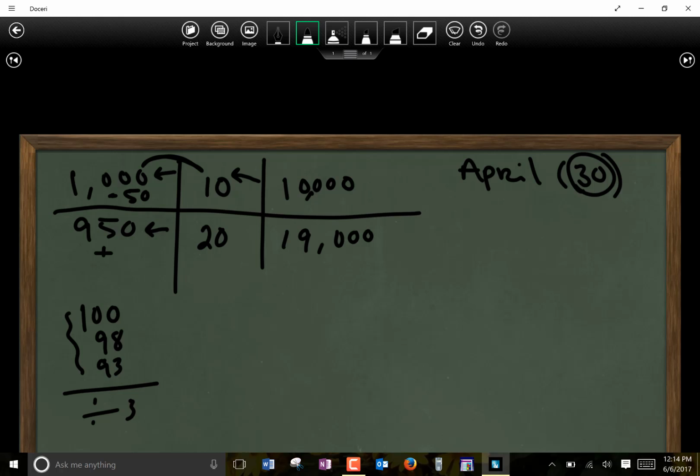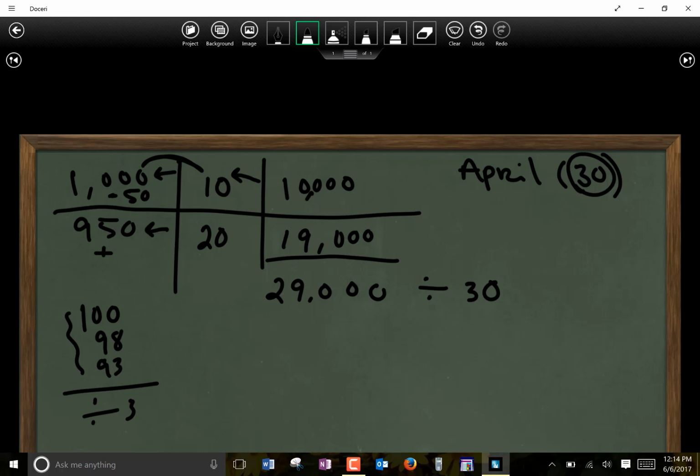We're just trying to get an average. So it's like we've written down 1,000 10 times and we've written down 950 20 times, because those are the days that we owe that to the bank. So in order to get an average, you add everything up. So we're going to add these up, and we get 29,000. Now, we don't owe 29,000, but that's the way that we would get an average for each day. And there are 30 days in the month of April.